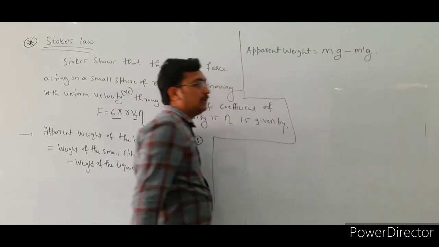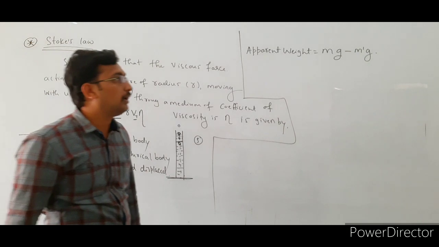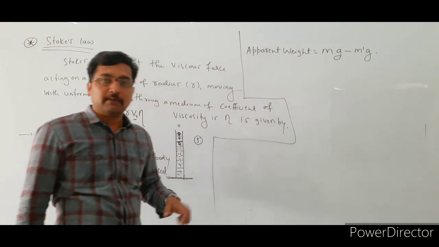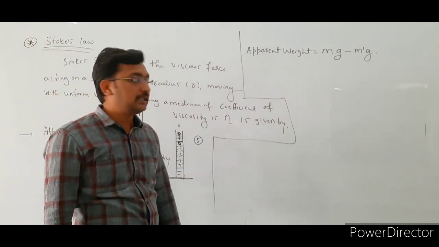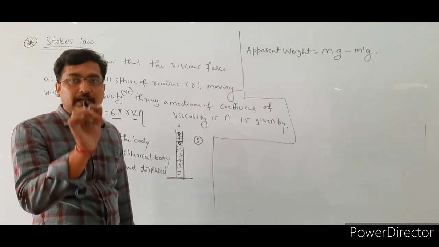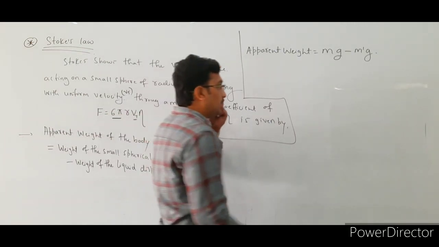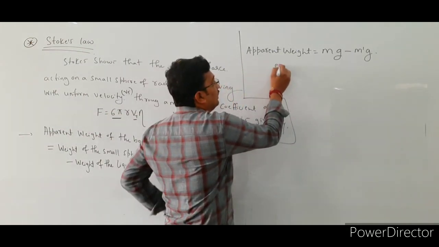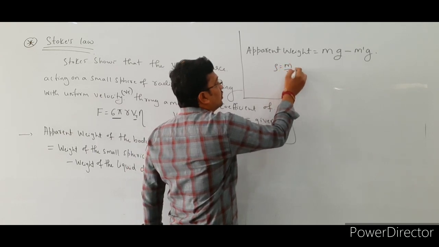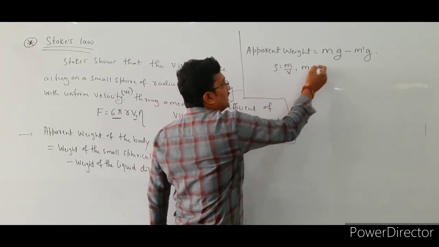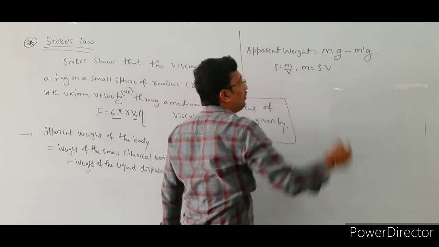Here m indicates the mass of the spherical body, and m dash indicates the mass of the liquid displaced. In this case we consider this is a spherical body. Density is mass per unit volume, so the mass of the solid body is equal to density into volume.